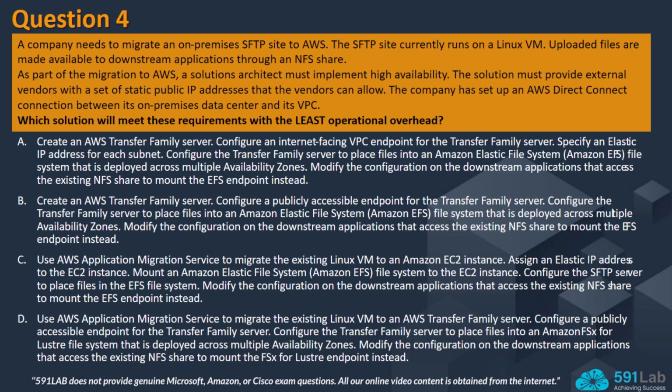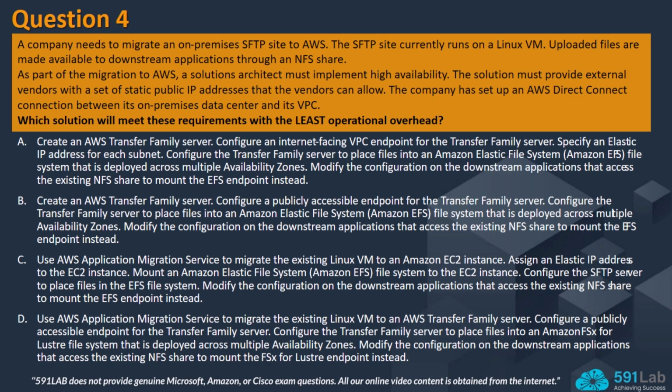Option D. Use AWS Application Migration Service to migrate the existing Linux VM to an AWS Transfer Family server. Configure a publicly accessible endpoint for the Transfer Family server. Configure the Transfer Family server to place files into an Amazon FSx for Lustre file system that is deployed across multiple availability zones.